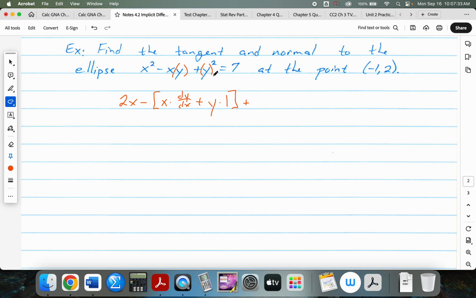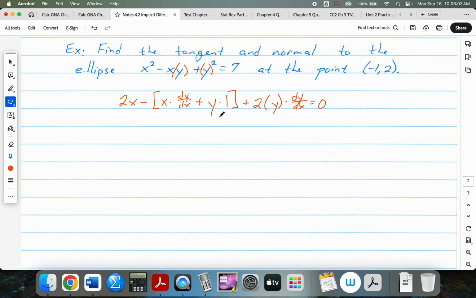Plus the derivative of y squared, that's a composite function. So I'm going to have 2 times the inner function left alone, so 2 times y, times dy/dx. And then the derivative of 7 is 0, no matter what variable you're taking the derivative with respect to.